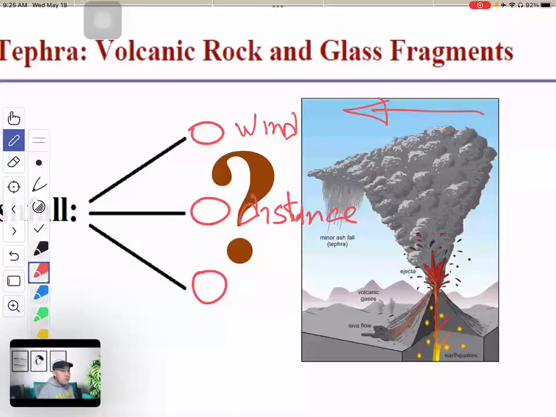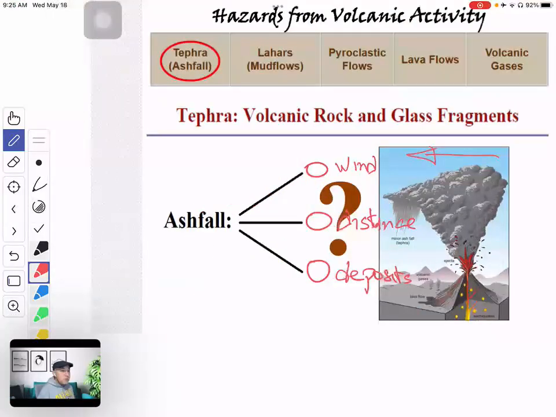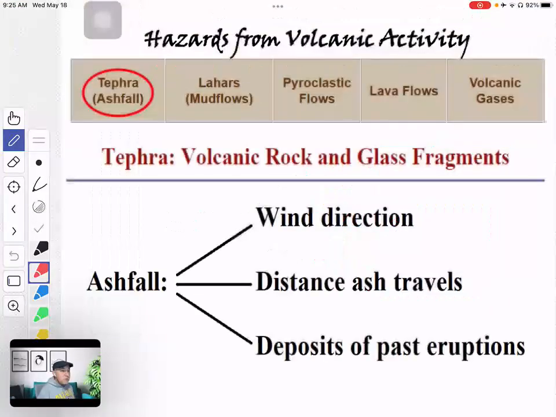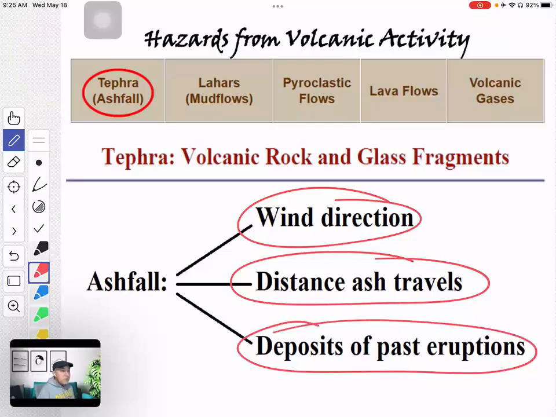If in the past the ash has gone a certain distance, it is reasonable to expect that in a future eruption, the ash is going to travel at least the same distance. So we look for deposits from past eruptions. Those are the three pieces of information that we're going to be evaluating: the wind direction, the distance that ash travels, and the deposits from past eruptions.